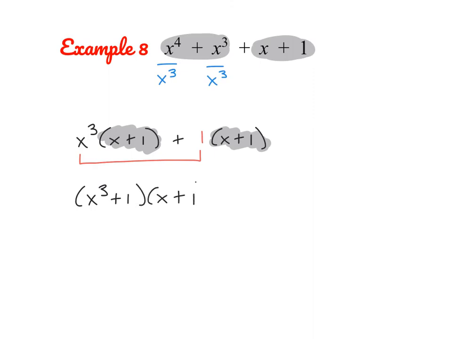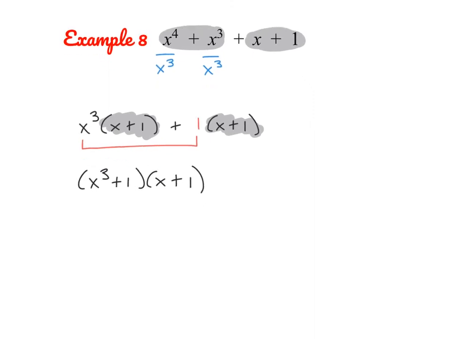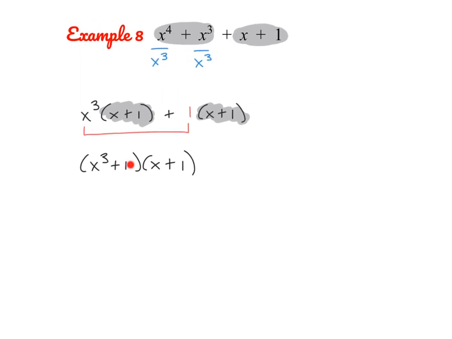Then, like I said, we should always check to see if we can factor more. So in this problem, if you look, the first binomial that we get is actually a sum of 2 cubes. We have x cubed plus 1, so we can factor this more. Here our a value is going to be x, our b value is going to be 1.